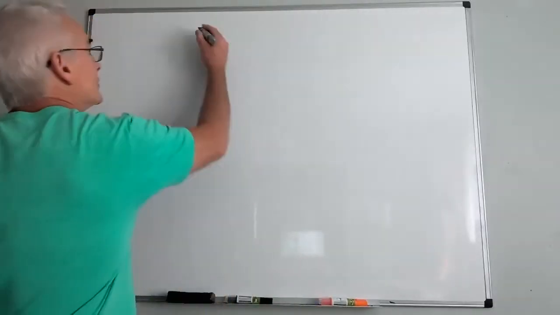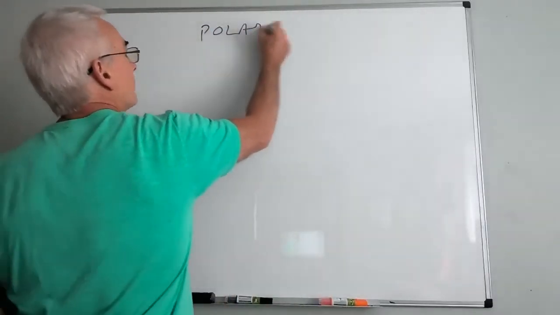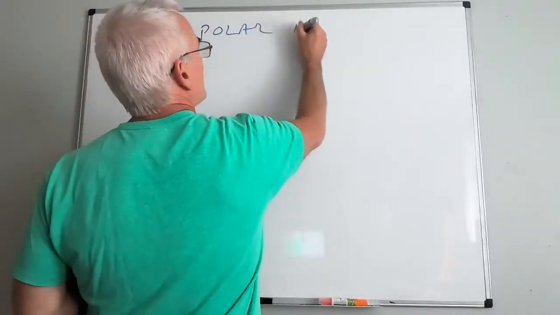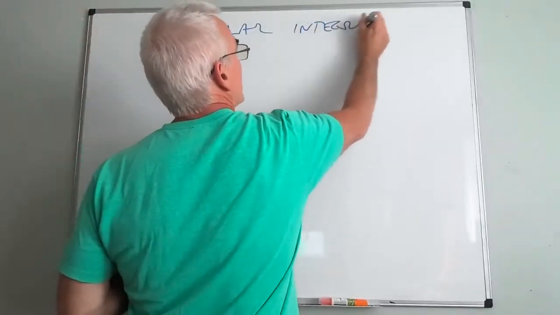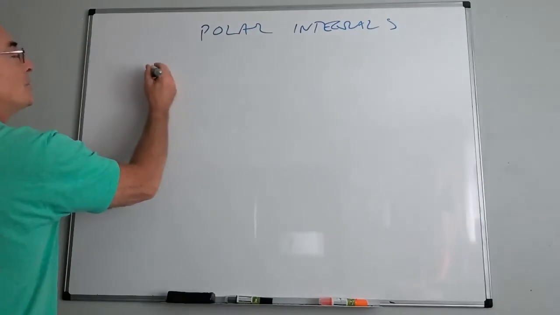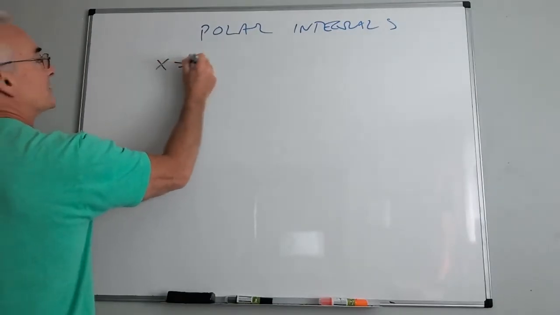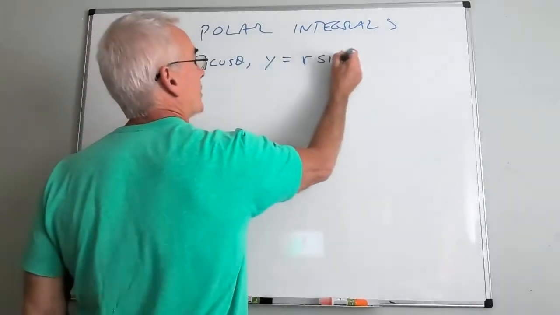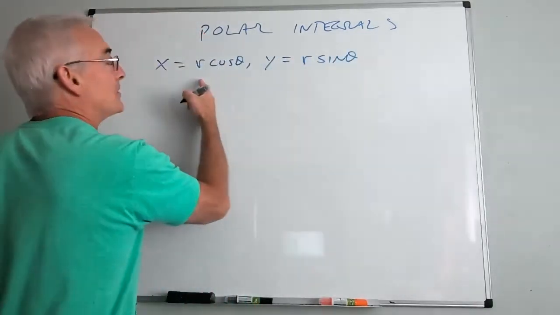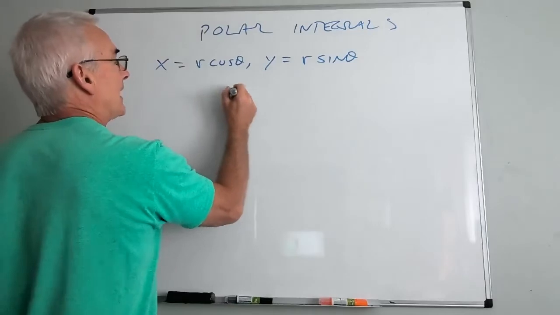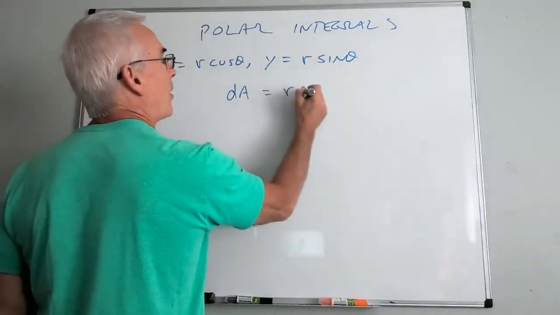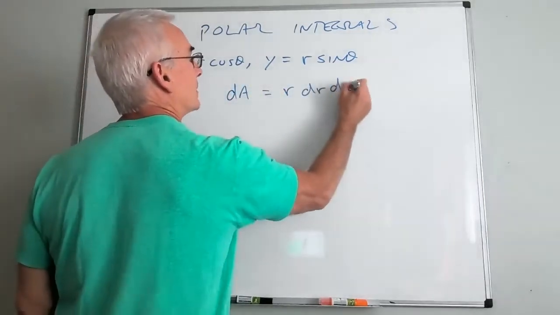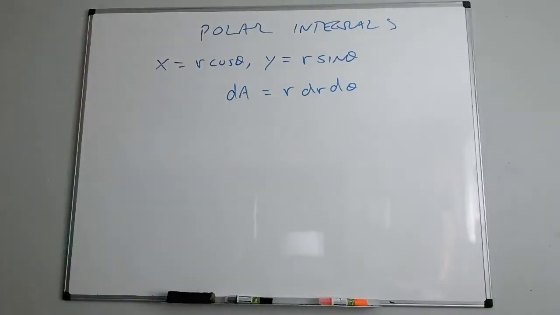So in 2 dimensions, I'll do polar integrals. We know that we're always going to replace x with r cos theta and y with r sine theta. And then the dA in xy world is going to become r dr d theta in the polar world.